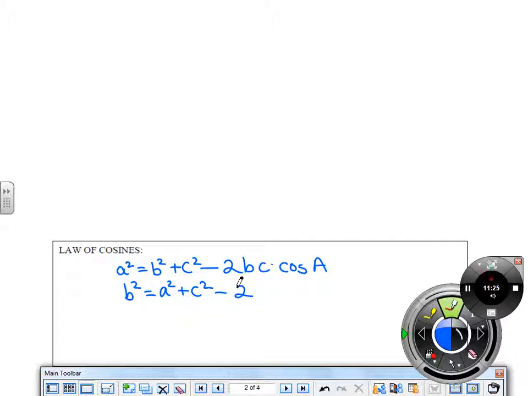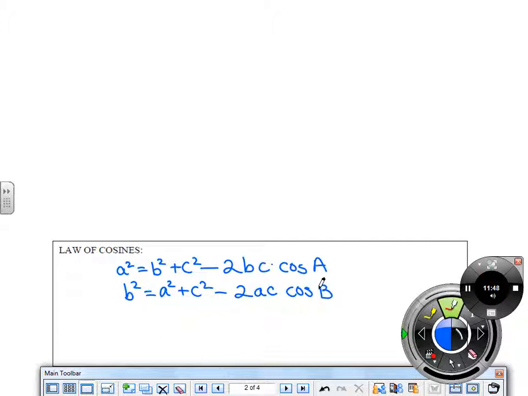And I'm going to keep using these 2 side lengths I was using. So it's still going to have A and C, okay, times the cosine of some angle. In this case, which angle would I be using? B. Okay? The angle that you use is always across from this side that's over here by itself that you're trying to find. Or it's in between these 2 side lengths here. So this would be a B.